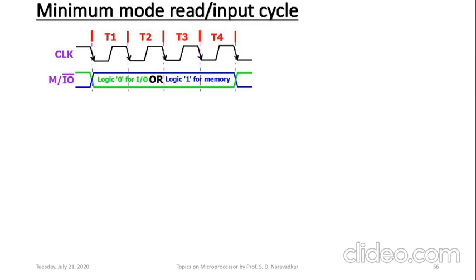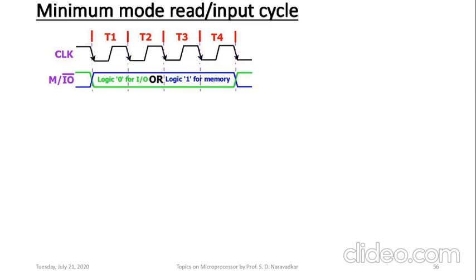Then the opposite, which is for I/O operation. M/IO bar signal will be 0 for I/O operation, which is shown here in the same diagram by using green. Initially the signal is assumed to be logic 1, it becomes 0 at the beginning of that T1 state, it remains logic 0 throughout, and towards the end of that T4 state it becomes logic 1.